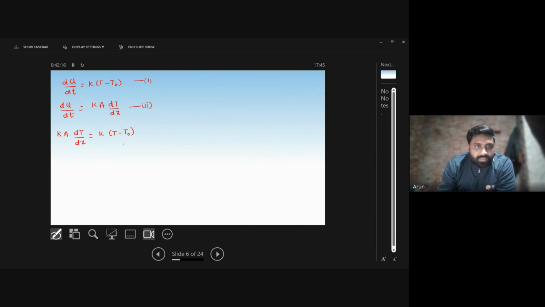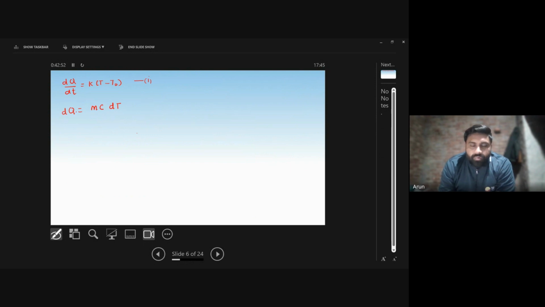Instead of writing this dT/dx here, we will write that the heat transfer we also know is Q equals mc dT.